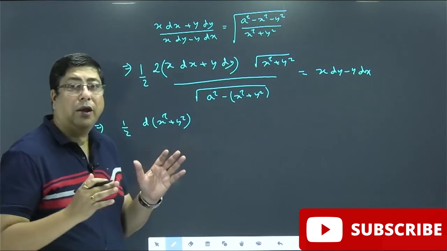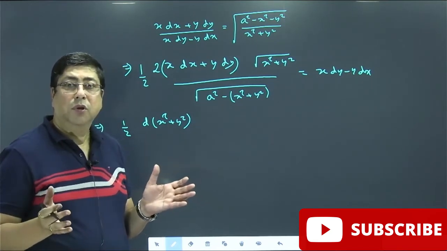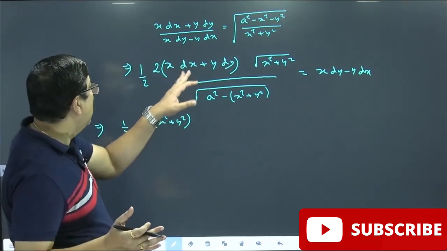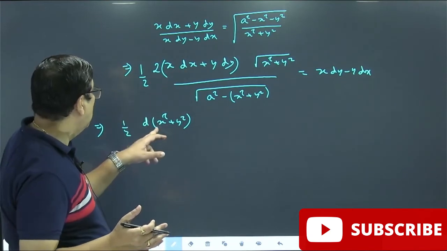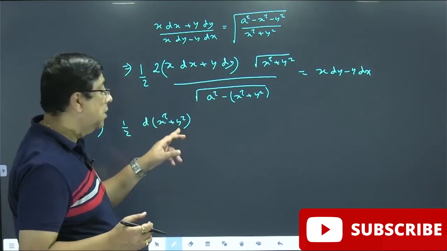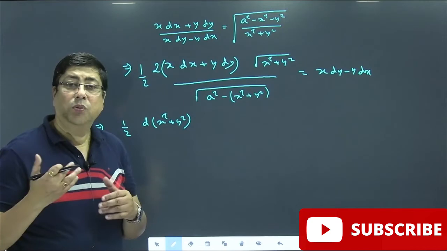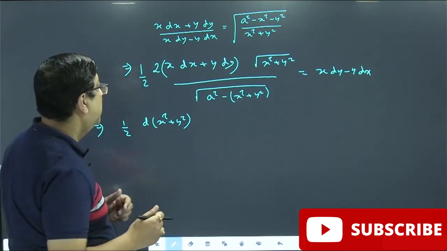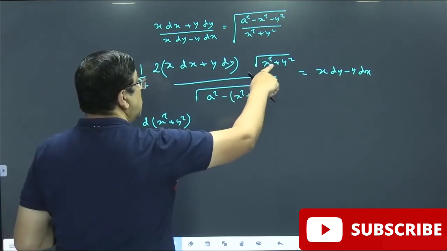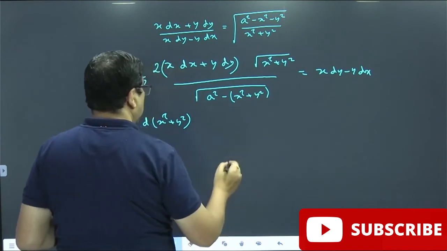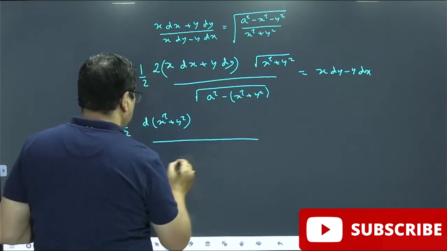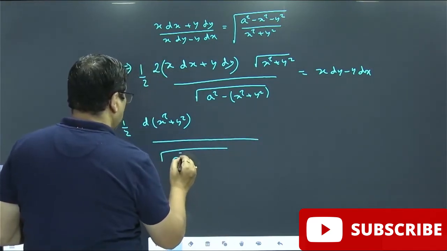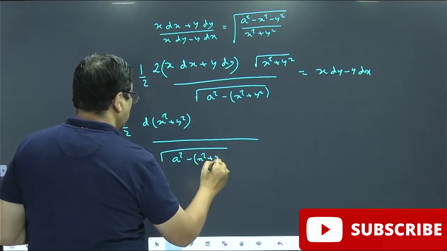We have to practice so many sums on this so that we become habituated. 2x dx is d of x square, 2y dy is d of y square. In this way you have to practice. And then I am taking this root over portion to the right hand side. So here it is coming to be root over a square minus x square plus y square.